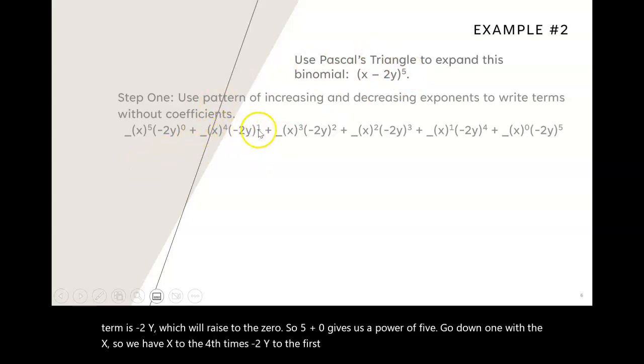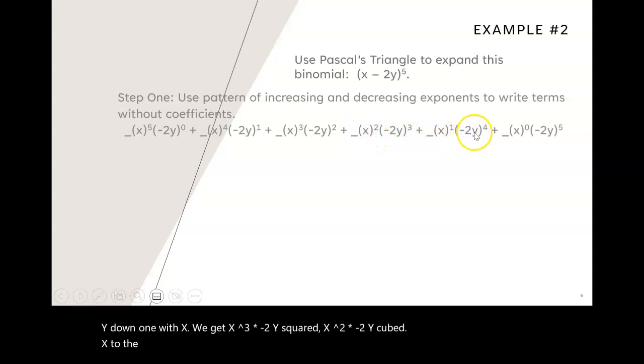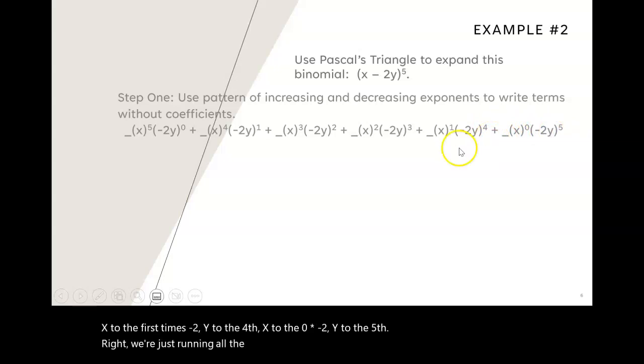Down 1 with x, up 1 with negative 2y: x cubed times negative 2y squared. Then x squared times negative 2y cubed, x to the 1st times negative 2y to the 4th, and x to the 0 times negative 2y to the 5th. We're writing all the possibilities of powers of x and powers of negative 2y, but they have to add up to 5.